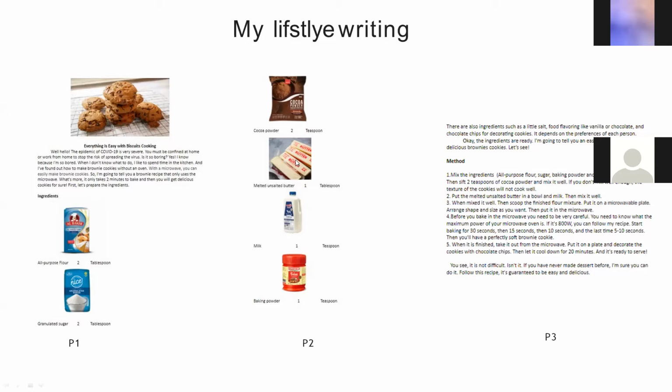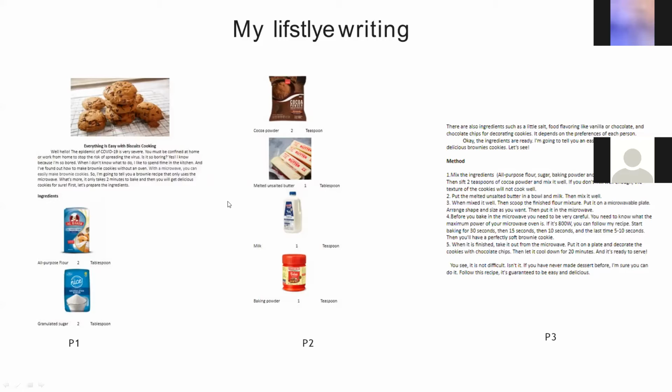I have named my topic "Everything is easy with biggest cooking", because I think that it will be interesting and the audience can easily remember. So in my writing, I linked my writing with a certain situation, that is the COVID-19 situation, for the first paragraph.